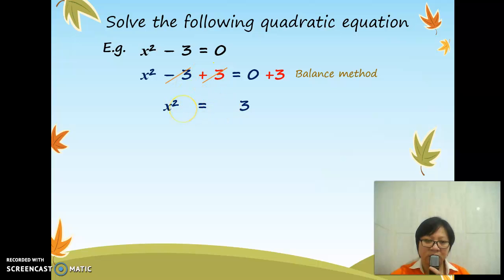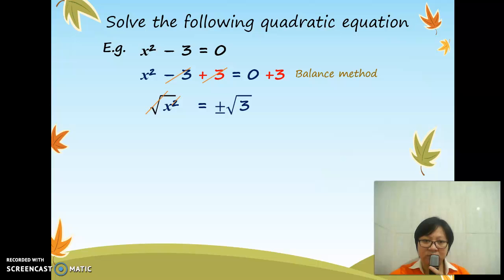And then to eliminate the square, I need to put on square root like this, but remember to put the plus minus sign on the right side. Why? Because when you multiply positive number by positive number, you'll get positive result. If you multiply negative number by negative number, you'll get positive result too. So put positive and negative sign, plus minus sign here.